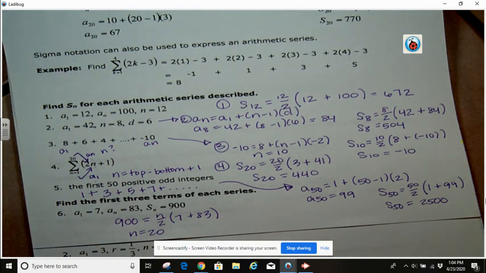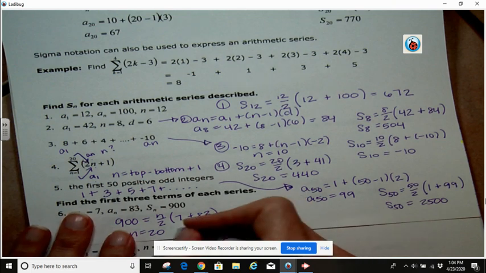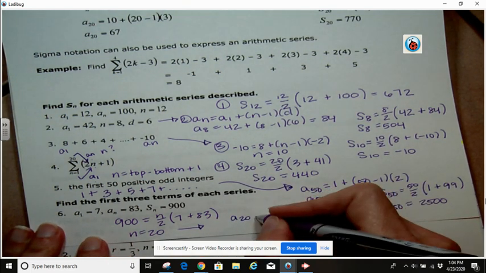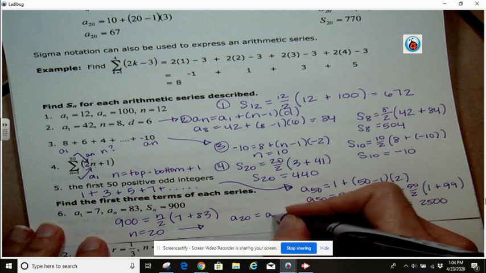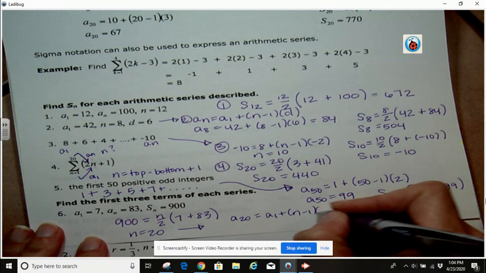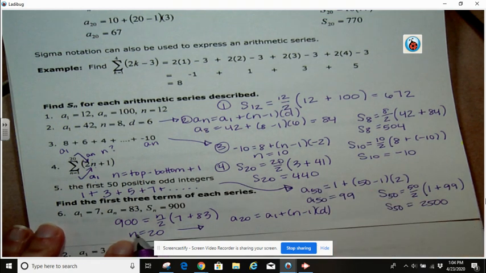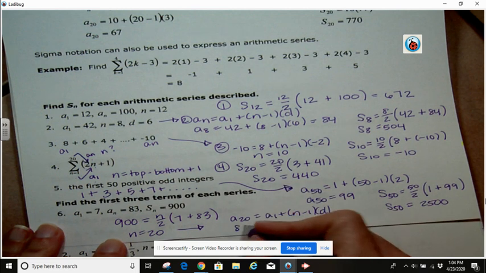So now that I've used the series formula, let's try the only other formula I know. So a sub 20 is a sub 1 plus n minus 1 times d. I need to know what d is. Well, n is 20, and so 83 must be the 20th term.